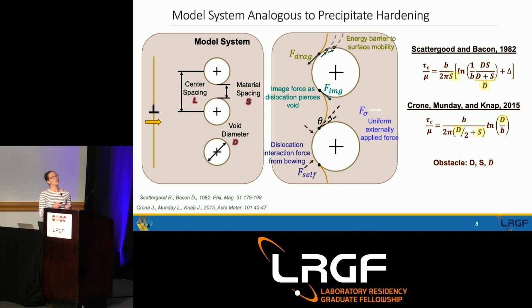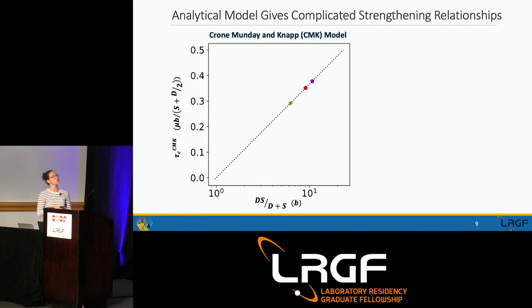So just noting here, again, parameters of interest: our obstacle dimensions are this D bar, void size and spacing. And then material parameters of interest are our isotropic shear modulus, related to the elastic properties of the material, as well as this Burgers vector, which is a property inherent to each material. Each material will have a different Burgers vector associated with it.